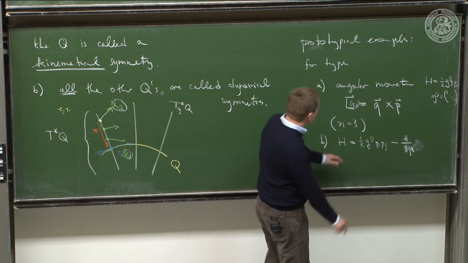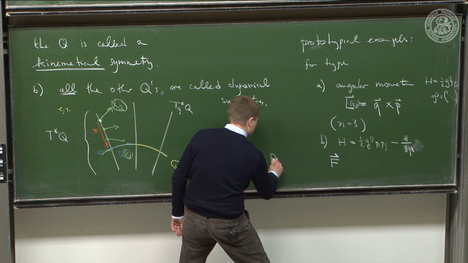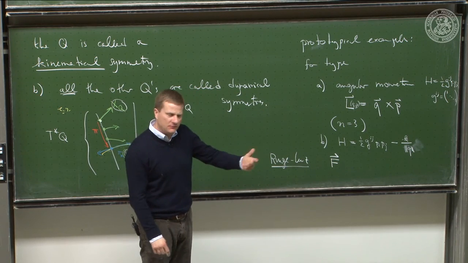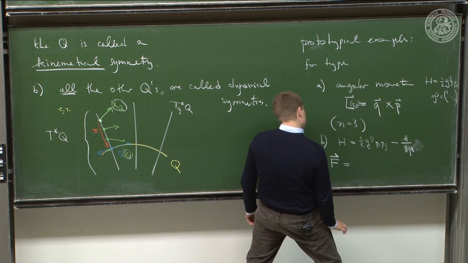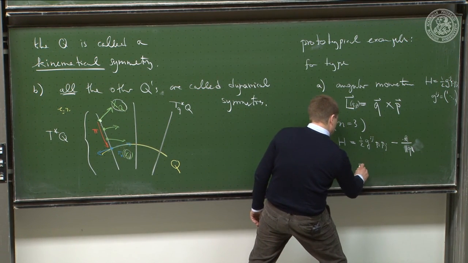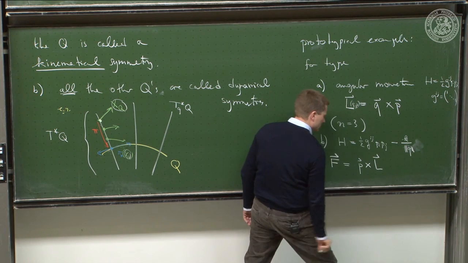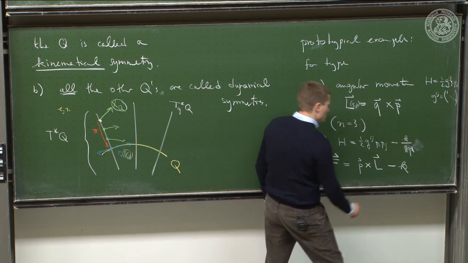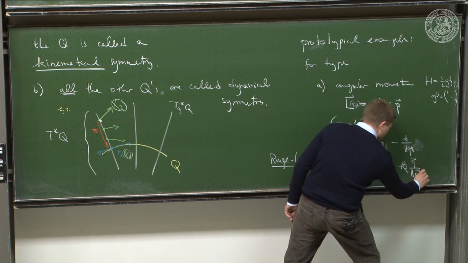Then you have this object, which we call capital F. It's not the force, it's the Runge-Lenz vector. Because it has 3 components, we're not talking about 1 conserved quantity, we're talking about 3 conserved quantities. You may remember that this is given as P cross angular momentum minus K Q vector divided by the absolute value of Q vector.